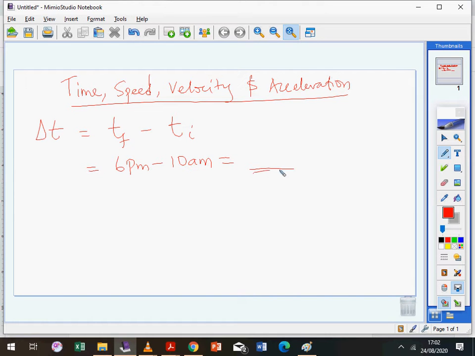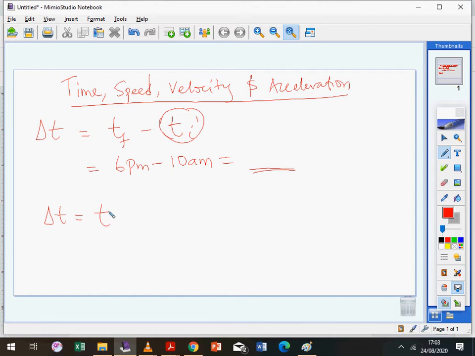So yeah, change in time. Now, usually in physics, we always assume or always take the initial time to be 0. And if the initial time is 0, then the change in time is simply going to be the final time that you traveled for. So change in t is usually represented with the t in physics.